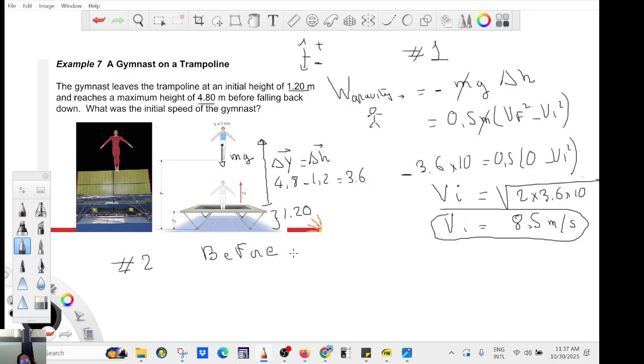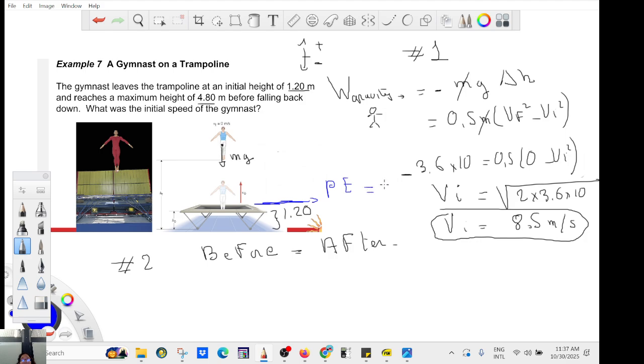So for way number 2, we're going to say the total energy before equals total energy after. If we use this way, we have to decide where the potential energy equals 0. So we decide on a reference level.